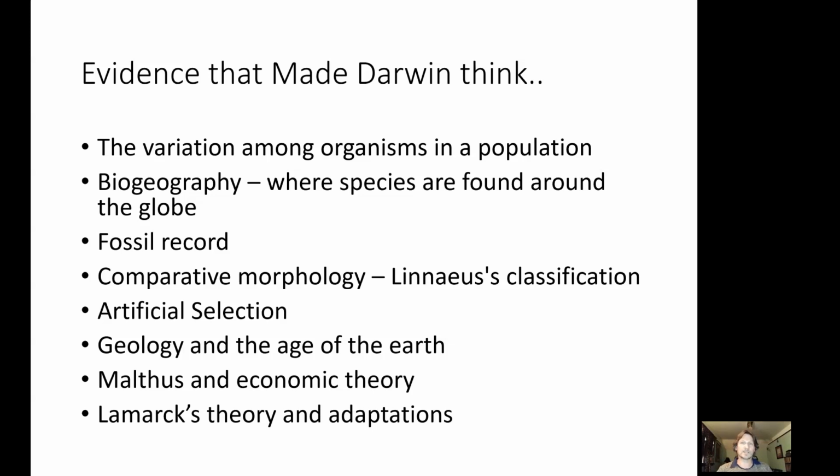Geology provides the age of the earth and the time for evolution to take place. Malthus will have some very interesting insights in terms of competition within populations. And then, of course, the first famous theory that was rejected, or hypothesis, I should say, was Lamarck's hypothesis on evolution.